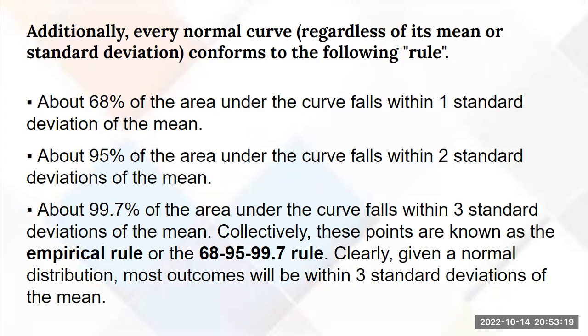And about 99.7% of the area under the curve falls within three standard deviations of the mean. So this is known as the empirical rule or the 68, 95, 99.7. Clearly, given a normal distribution, most outcomes will be within three standard deviations of the mean.